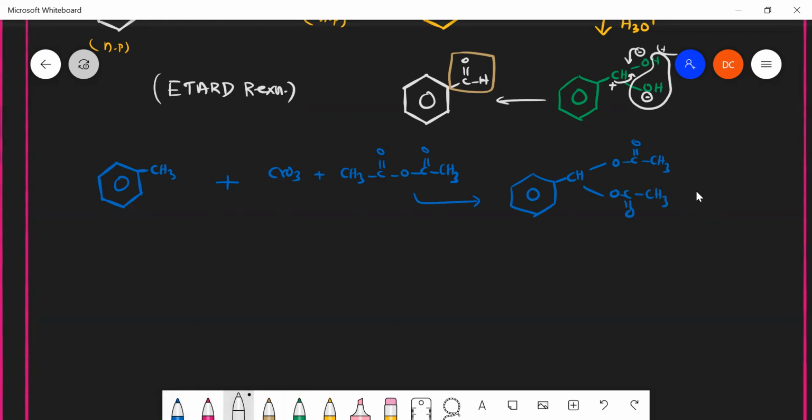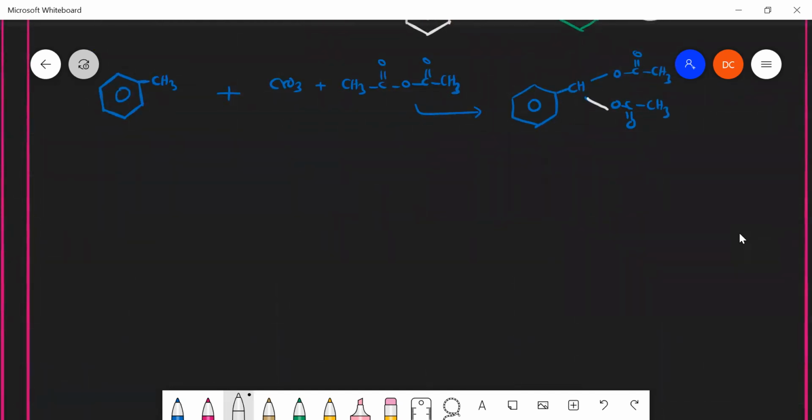I think you have a doubt about how this entire group is getting attached. How is the entire group getting attached here, sir? This is a very, very simple reaction. I will explain it. So I'm taking a toluene molecule, and here CH is written, and one of the H will be written here and another H will be written here.